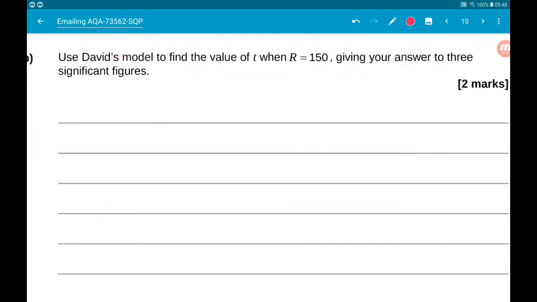Okay, then for part B, slightly trickier, we want to use David's model to find the value of t when R is 150, to 3 significant figures. So we set R equal to 150, so we get 150 is equal to 50 e to the 0.5 t.